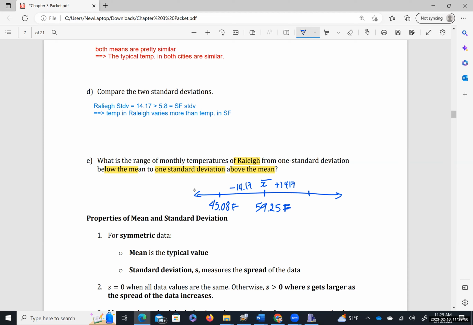You do 59.25 plus 14.17 and you get 73.42.